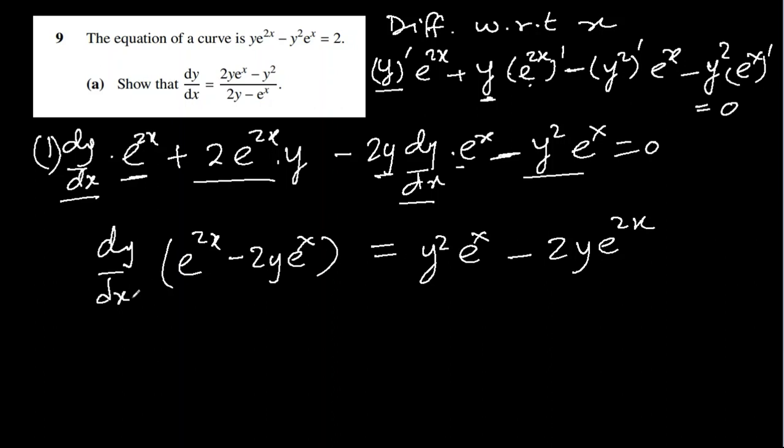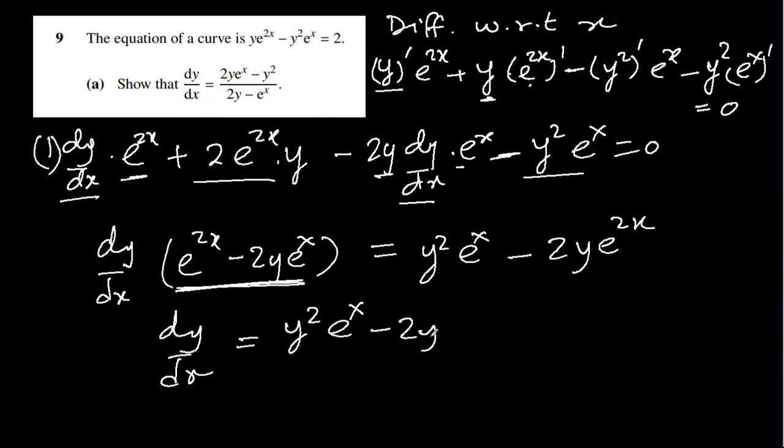That's how we'll write it. So dy over dx, this part will become a denominator on the other side, will be y square e to the power x minus 2y e to the power 2x over 2 e to the power 2x minus 2y e to the power x.